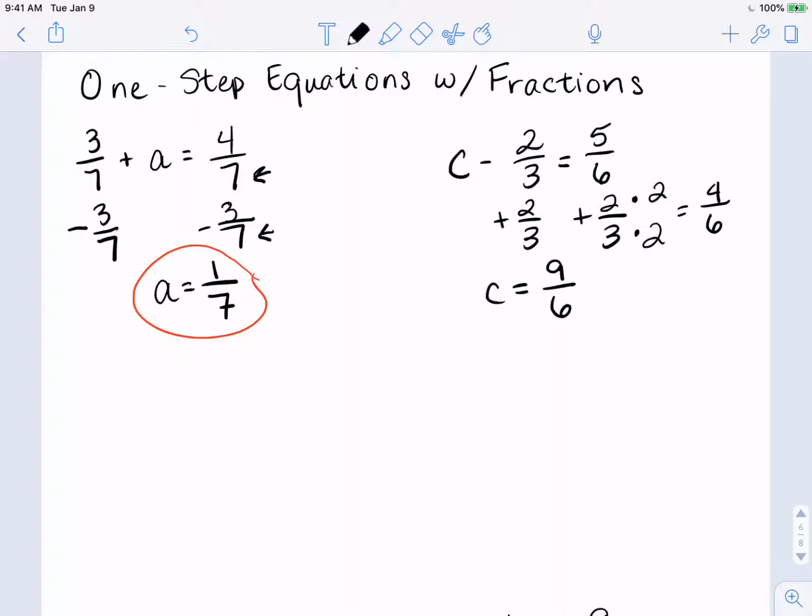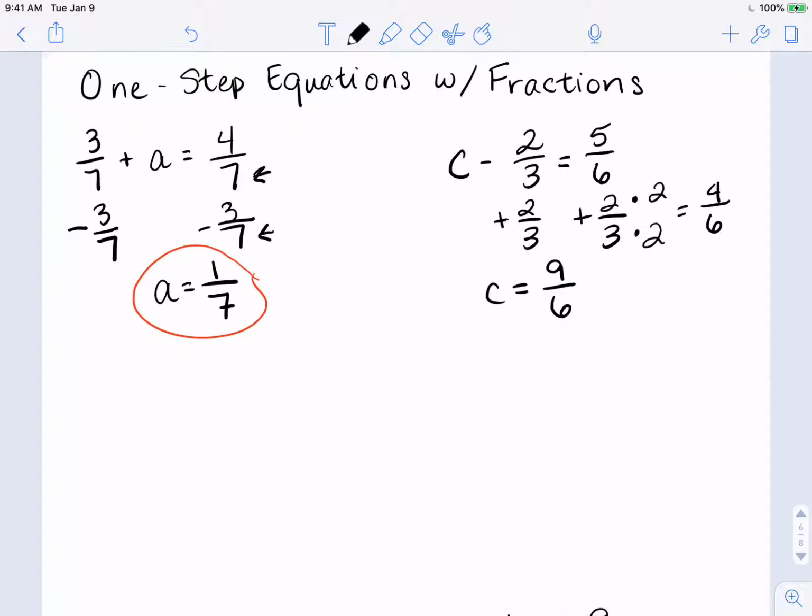Now, this is an acceptable answer. It is technically correct, but I would like to see you reduce it. If you look at what 6 and 9 have in common, they are both multiples of 3, meaning that you can multiply a number by 3 and get either 6 or 9.